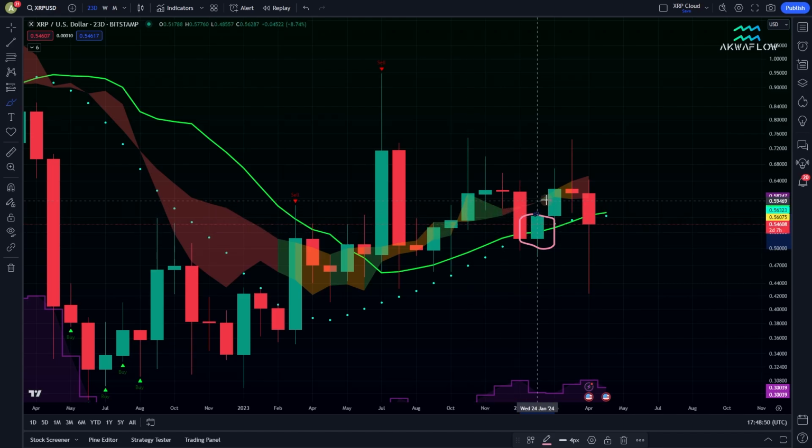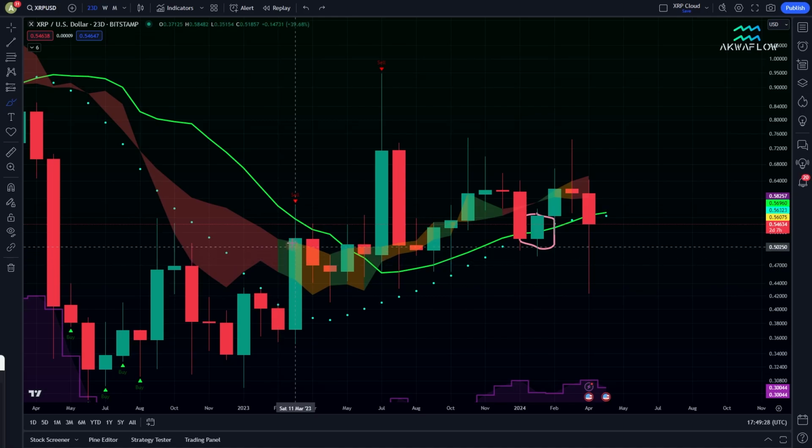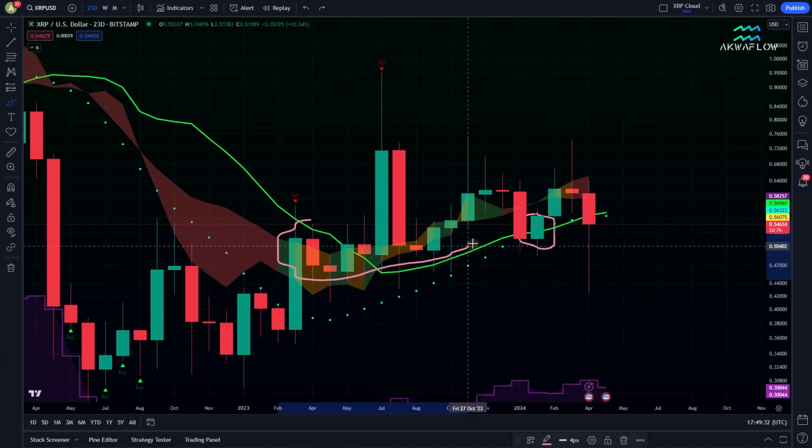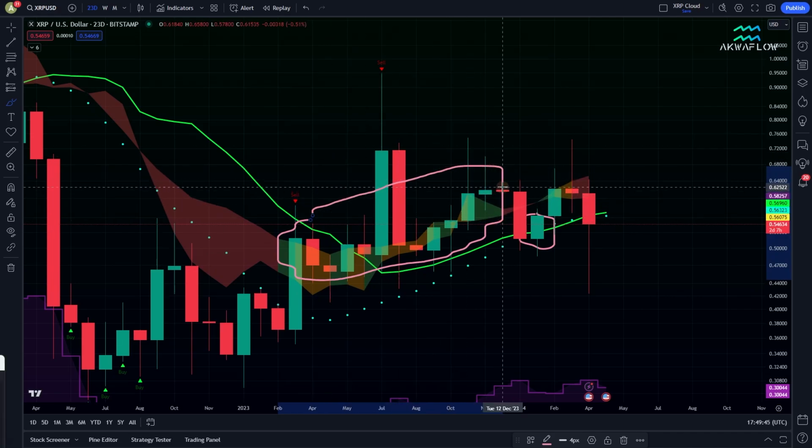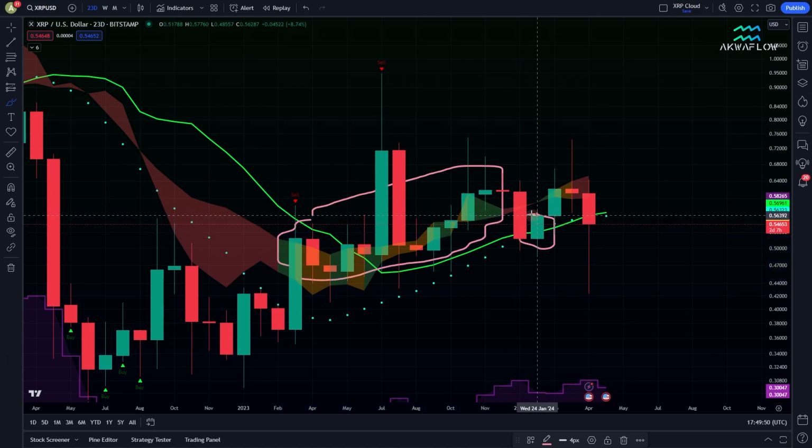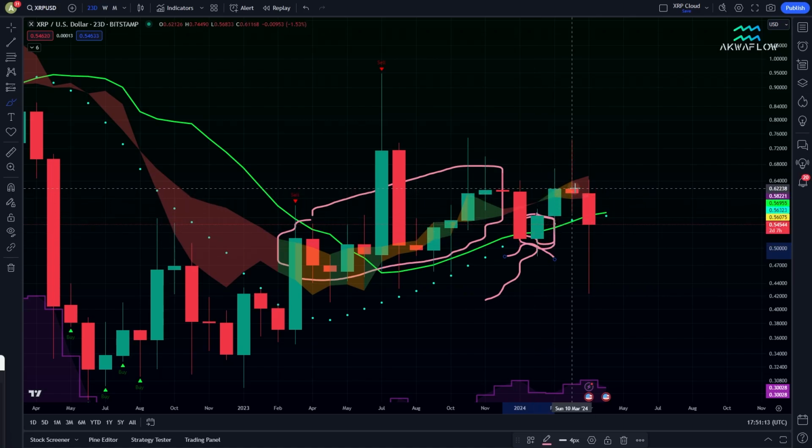As a reminder, we kept on using the cloud as a very strong support for multiple candles in a row. But then with this candle, we went below the cloud, and with this green candle, we closed below the cloud. And this warned us about a possible bearish scenario, because we knew that starting from this candle, we would use the cloud chart as a strong resistance.